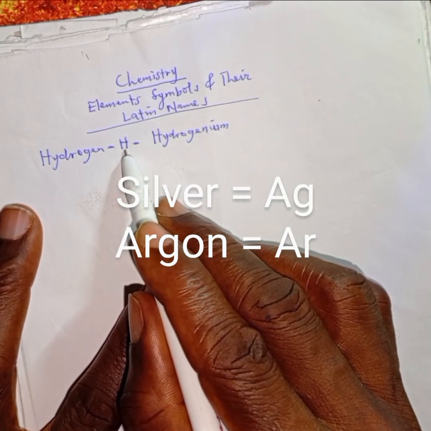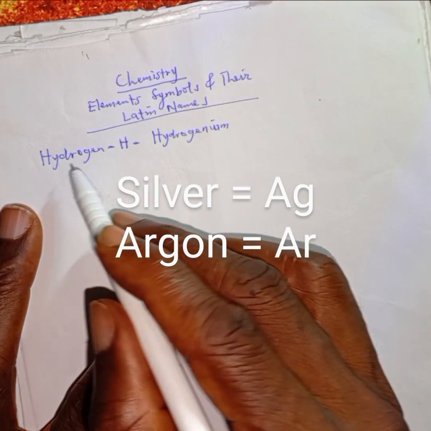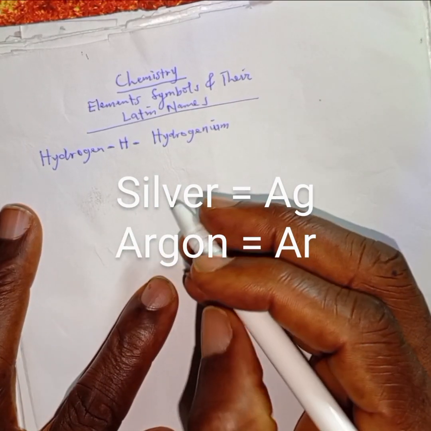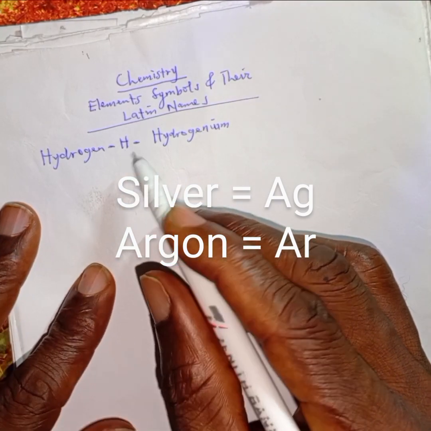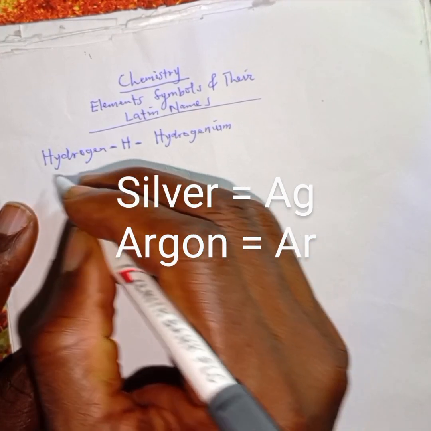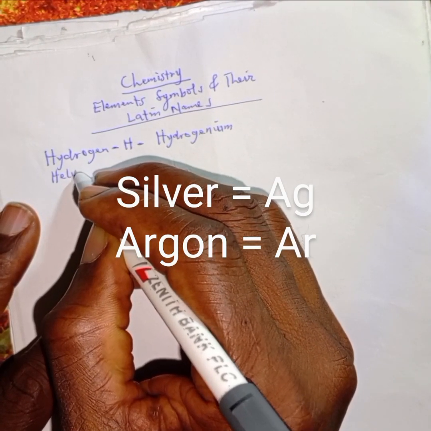Now, where capital letter H has been taken, he adopted to use a smaller letter to add to that capital letter H so we can differentiate them. Like you have the next element, helium.